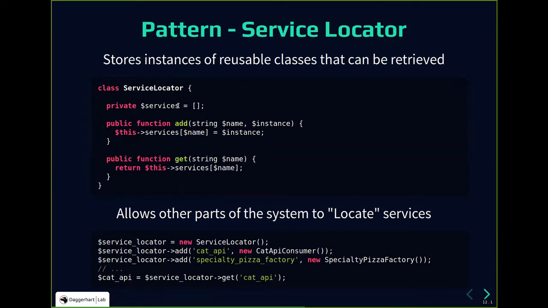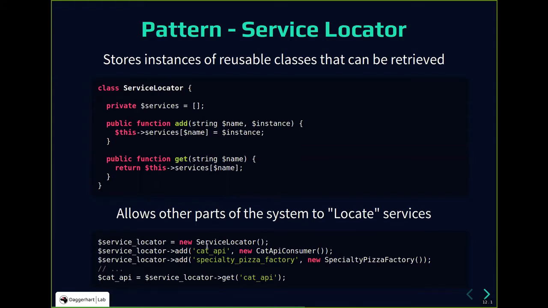I'll stick to services. They are in an array keyed by some name, whatever name you give them, and the value of that item in the array is an instance of that class. Then some other part of the system can use this service locator object to get one of those services by its name.